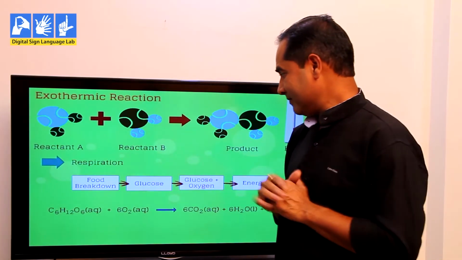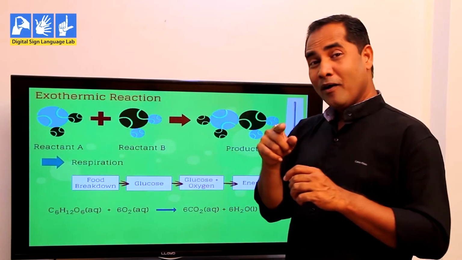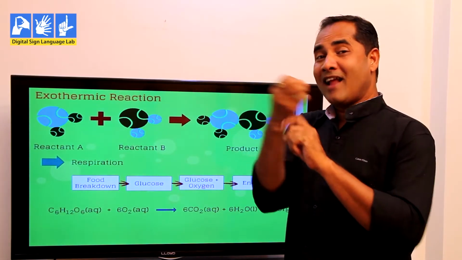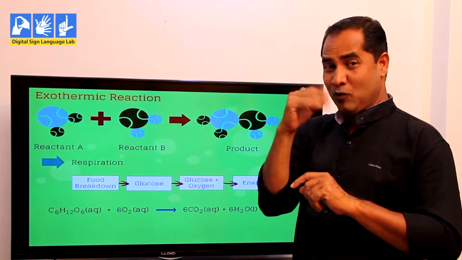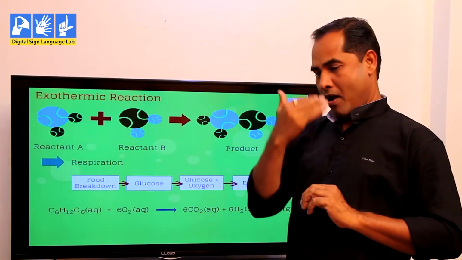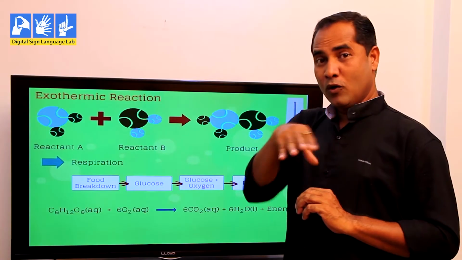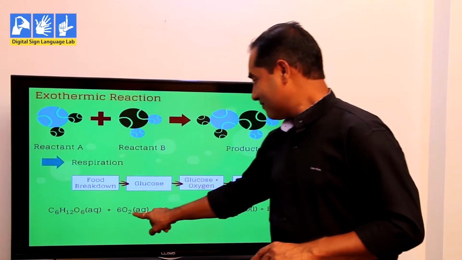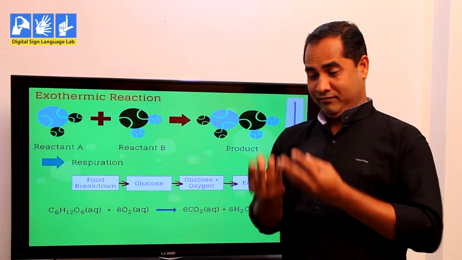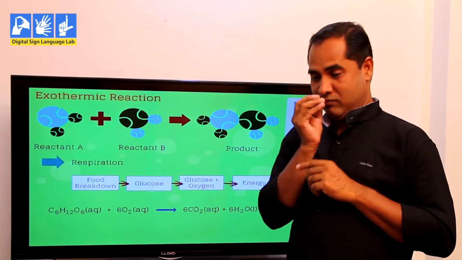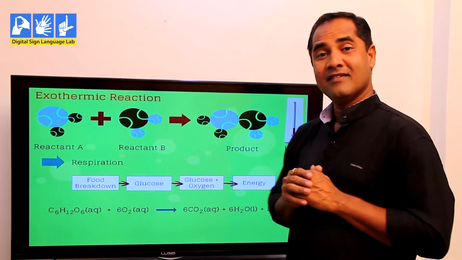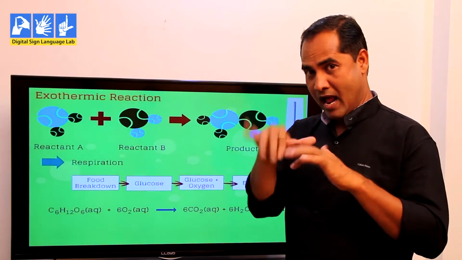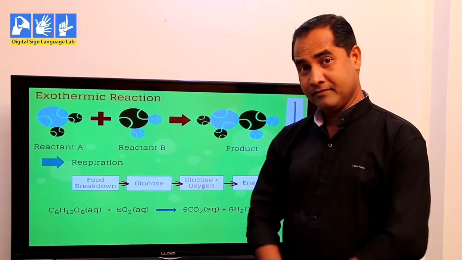That means it has water in it. So when glucose combines with oxygen, carbon dioxide is released. So as you can see, when you breathe, you take in oxygen and you give out carbon dioxide. So 6 molecules of oxygen we take in and 6 molecules of carbon dioxide. So we all should try to learn about these chemical processes. It's an important chemical reaction.